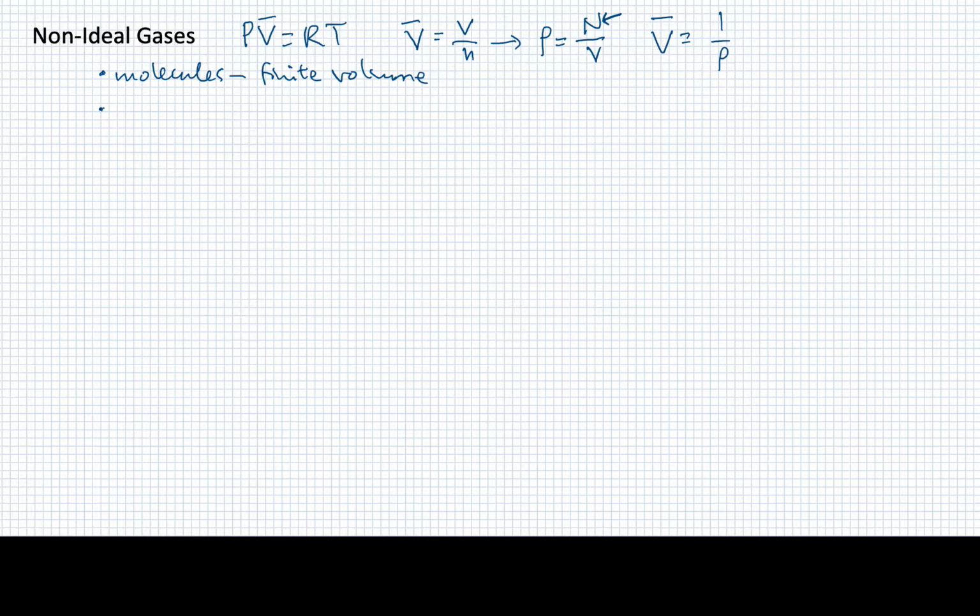We also know that molecules have forces that they exert on each other, and we'll call these intermolecular forces. And these intermolecular forces actually have an effect on the pressure. So let's look at what each of these does. In the case of the finite volume that molecules have, how does that affect them?